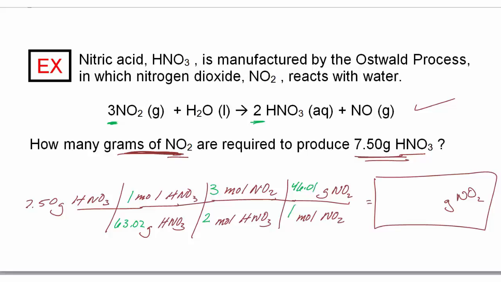So now what do we get? 7.5 divided by 63.02 times 3 divided by 2 times 46.01, about 8.21. So if 7.5 grams of nitric acid react, in theory, 8.21 grams of nitrogen dioxide will be produced.